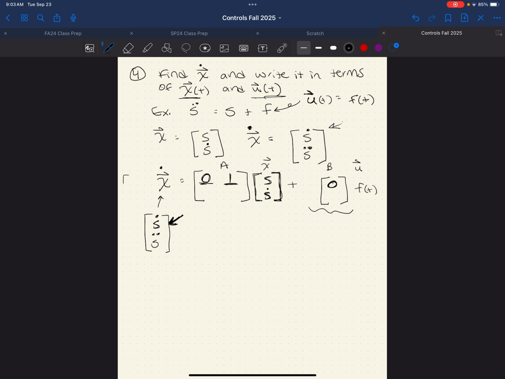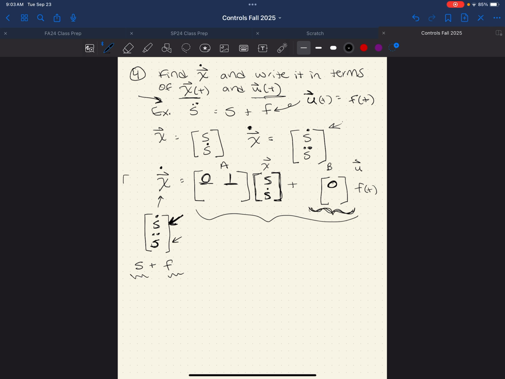Now let's look at s double dot. We have an equation for what s double dot should be equal to, and that is from our equation of motion. So what we need to do is write this such that the second row of x dot is equal to s plus f. The f term is going to be determined by multiplying this B times f, so let's ignore it for now.